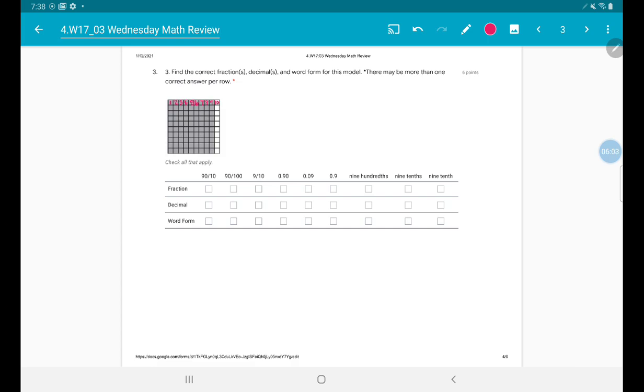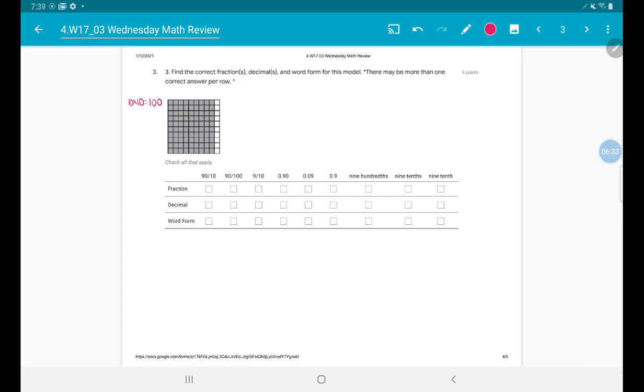So I have 10 going across. If I count how many I have going down, there's 1, 2, 3, 4, 5, 6, 7, 8, 9, 10. I have 10 rows of 10. So 10 times 10 will be 100. So we know there's 100 small squares inside.